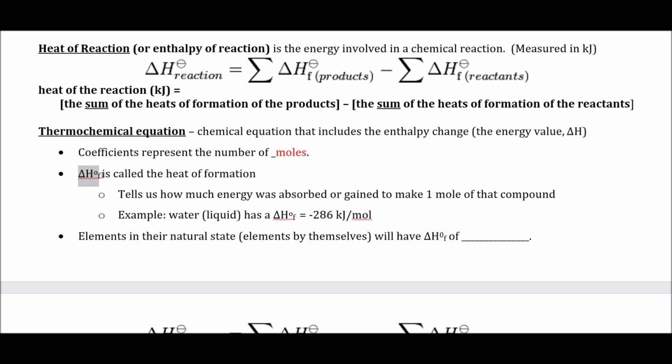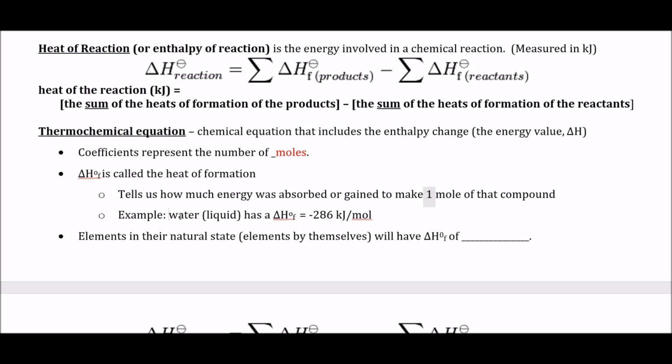Now, what this right here is, this is one variable, and you can see this is right here as well, so this and this are the same thing. What the heat of formation tells us is how much energy was absorbed or gained to make 1 mole of that compound.